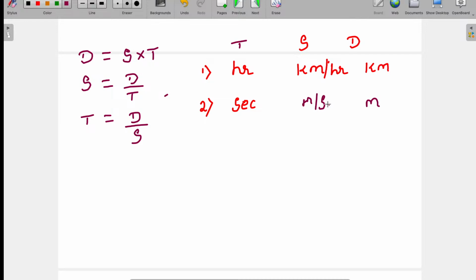Now, the relationship. What is the relationship? See now, I will take one example. The relationship between distance, speed, and time.